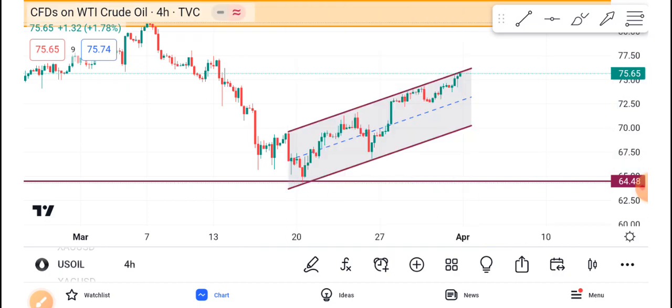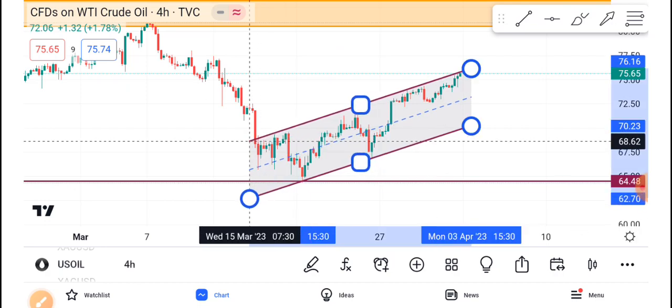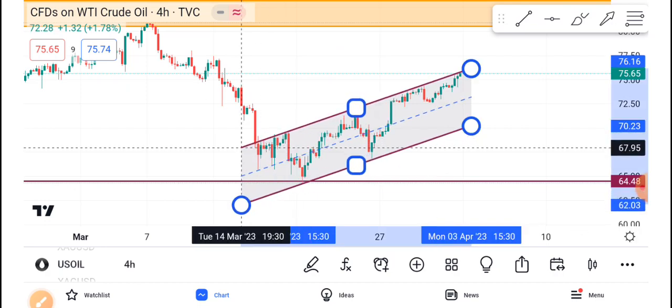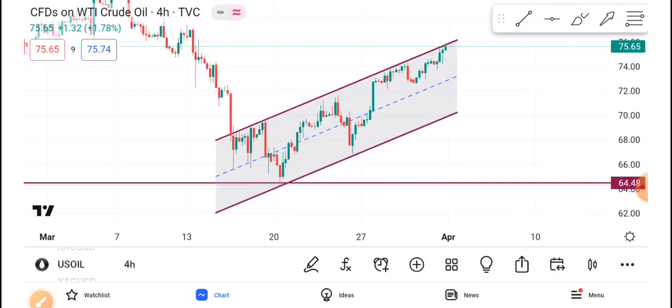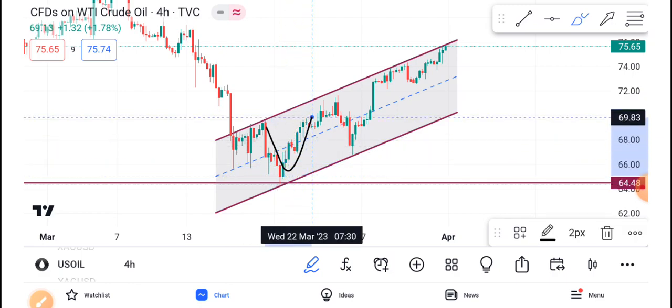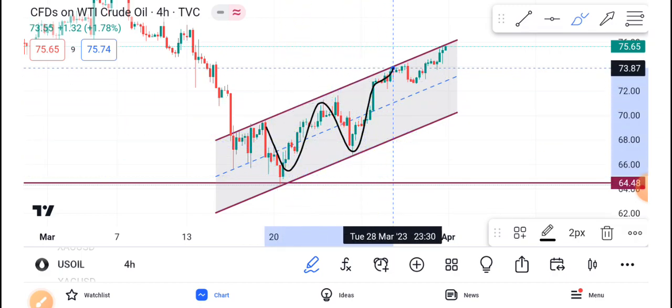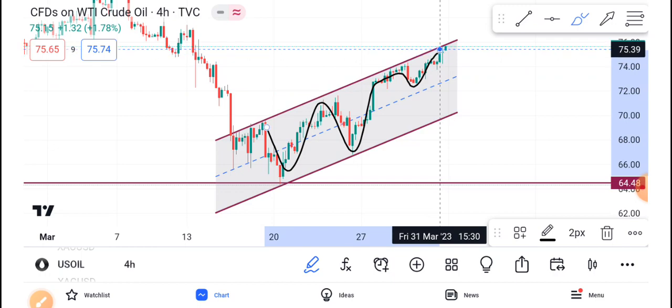Let me just elongate it a bit so that it becomes much more clear. Yes, now it's beautiful. As you can see, price is respecting this channel. It came down, went up, came down, again it is respecting, a little bit came down, again it is here, right? So this is how price is moving.